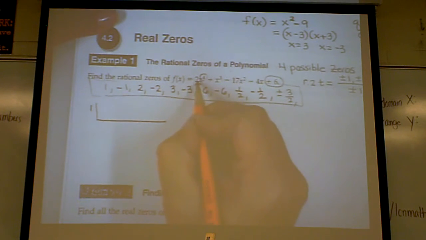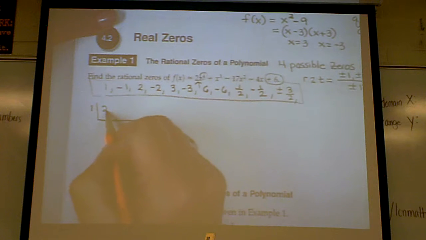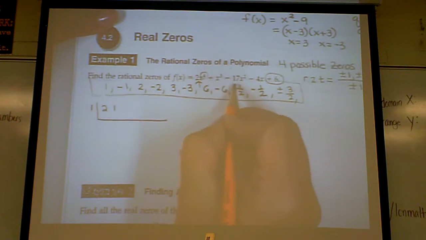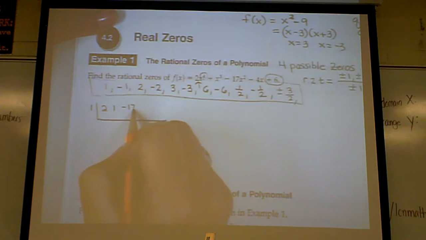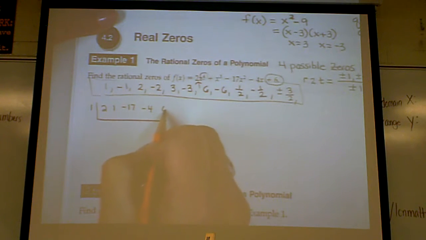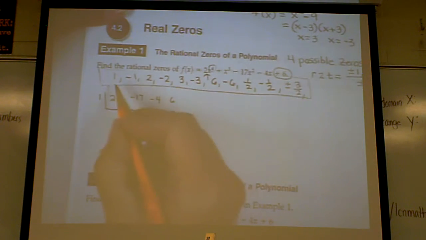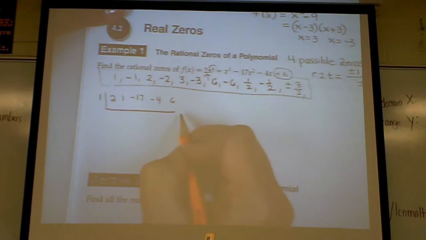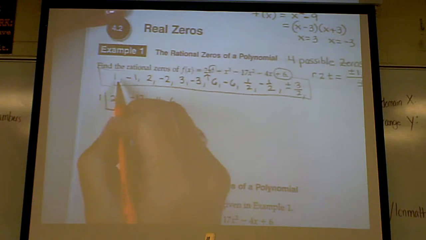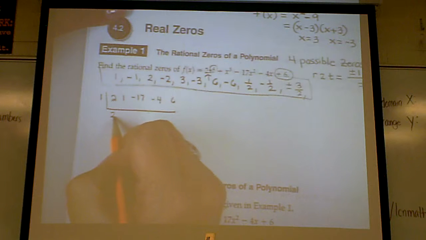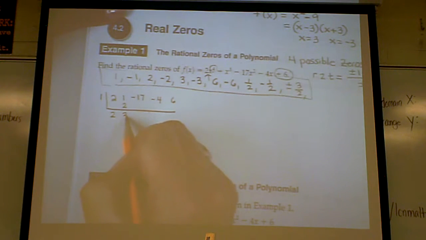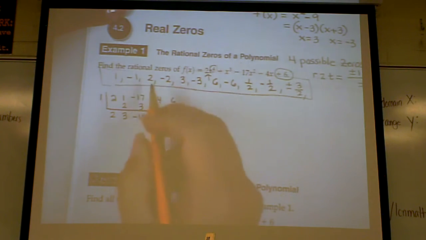And you're going to label, inside here, you're going to have a 2, a 1, and you want to write small because there's not a lot of room here. Your job is to try these. When you get a 0 right here, that will be a factor. Okay, so you're going to bring this 2 down. 2 times 1 is 2, and now you're going to add. 3 times 1 is 3, you're going to add. You tell me when I can stop.